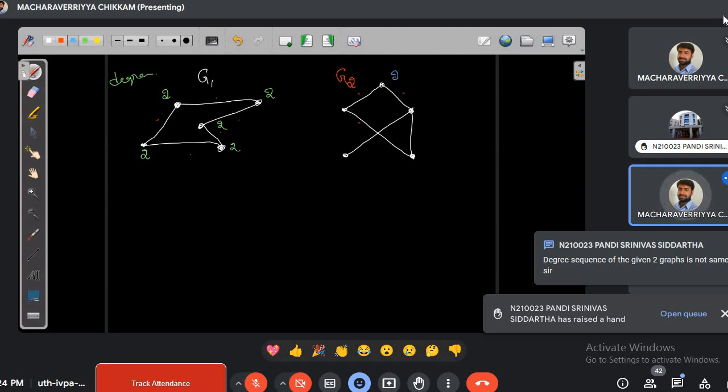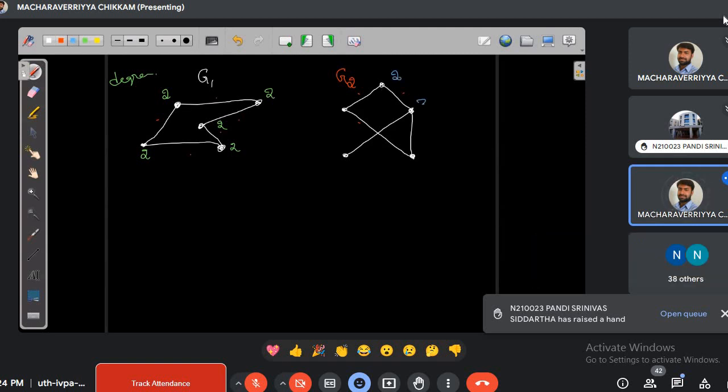Its degree is 2 and its degree is 3. That's it, it is enough. No need of looking at the entire sequence. In G1, every vertex is of degree 2, but in G2, we have a vertex of degree 3. Now this is enough to say that both graphs are not isomorphic.